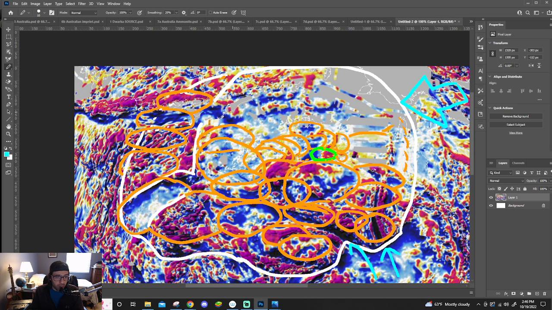So this top section where I'm not really able to find these centers is probably because there was a current just cutting across here. Which means this section is probably very dendritic in nature.